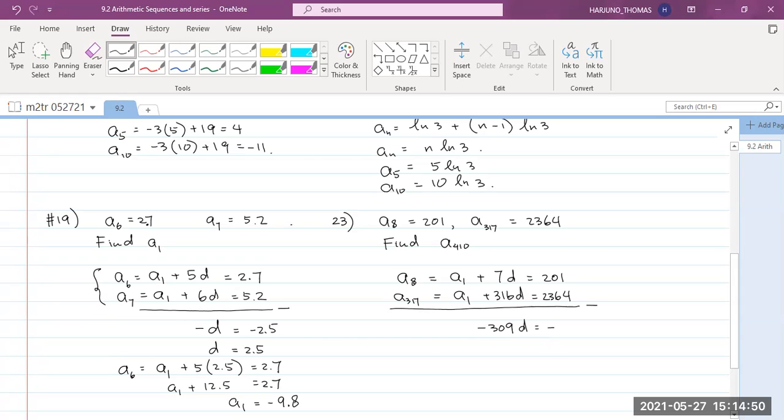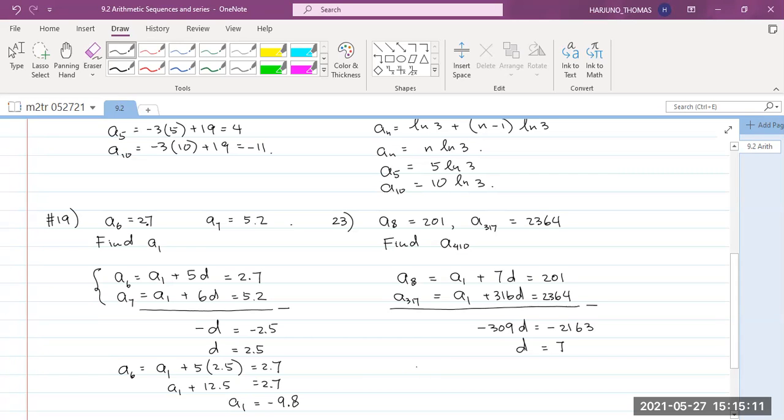That's negative 2163. So the common difference will be 7. Okay, but I actually need to find the first term first and then get the common difference.